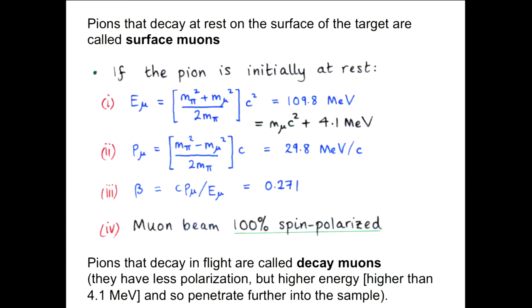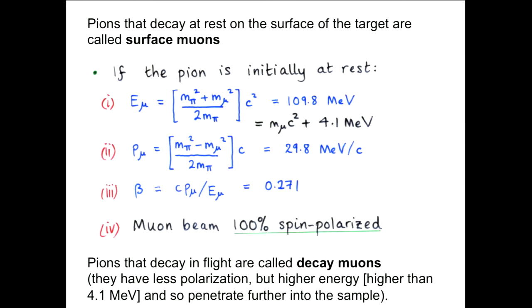Okay, now we'll be thinking in this talk at least about the pions that decay at rest on the surface of the target. These are called surface muons, and they are the ones that you're generally measuring at ISIS. Now, if the pion is initially at rest, you can do a little calculation, which I think is first-year relativity in many physics courses, and you can work out what the energy, the momentum, and the speed of the muon will be in those different cases.